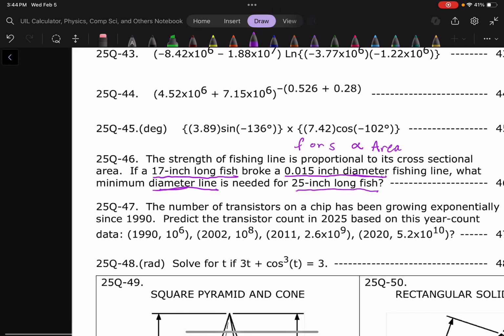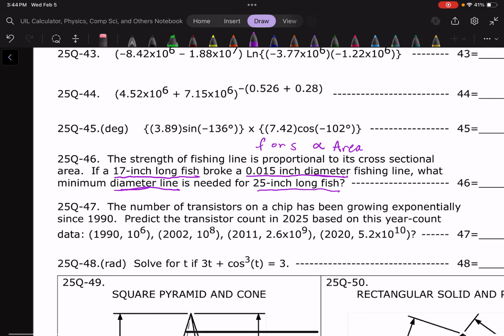All right, 47. The number of transistors on a chip has been growing exponentially since 1990, and they want us to predict how many transistors we're going to need in 2025. Because they're telling us that it's growing exponentially, they're already telling you this is not linear growth. That means that you cannot just put the numbers into the stat register and do linear regression.